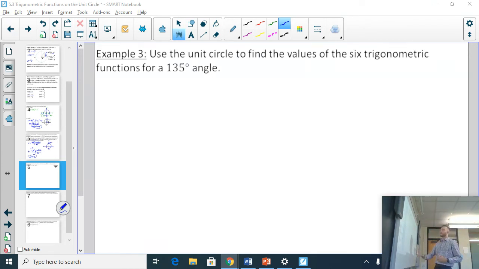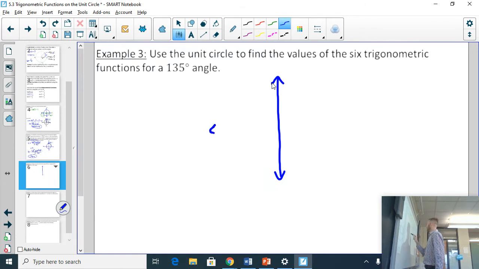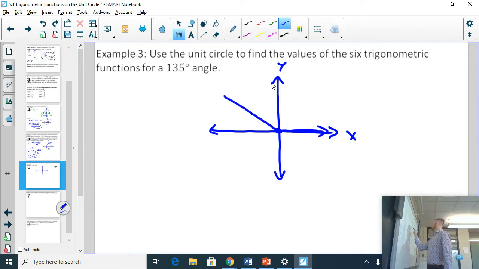So anyways, example 3 says use the unit circle to find the values of the 6 trigonometric functions for a 135-degree angle. And with almost any problem in math, if I can draw something, that is immediately what I'm going to do because it's going to help me out. I know that 135 degrees, if we have our base angle here, is going to be somewhere in there, right?